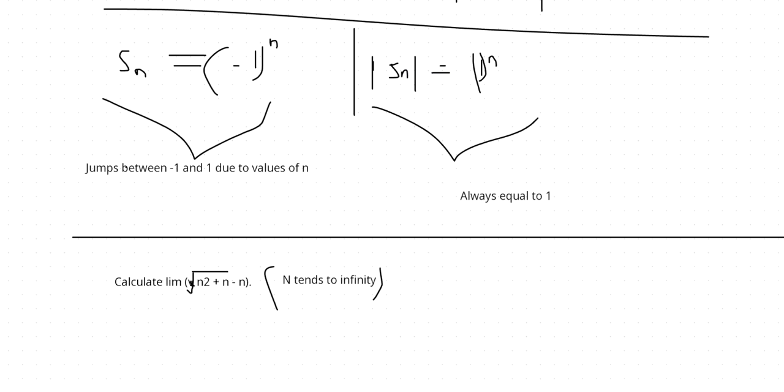But since both n's are infinity, we cannot subtract them. So there's a trick. Whenever we see a root of something minus n problem, what we do is multiply the denominator and numerator by the conjugate.